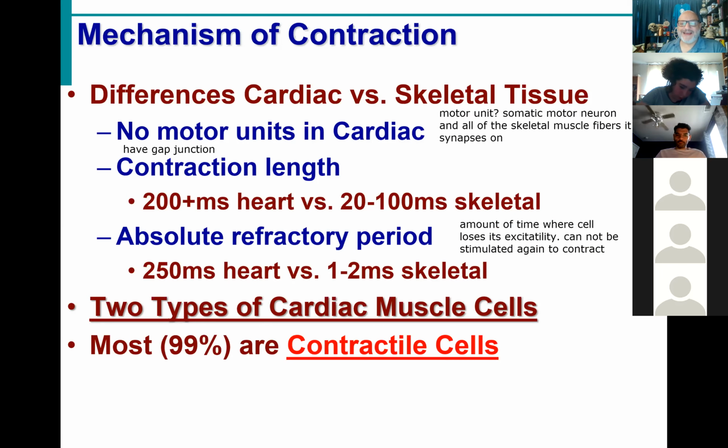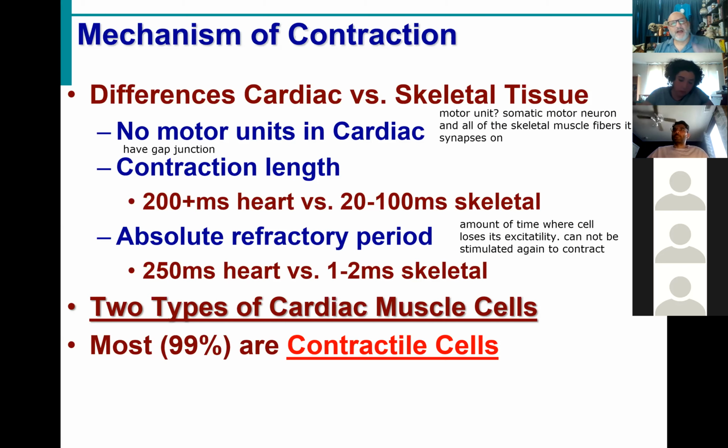So we have cardiac contractile cells. And guess what cardiac contractile cells do? Contract. See how easy that is? Absolutely. And they make up about 99% of the cardiac muscle cells.